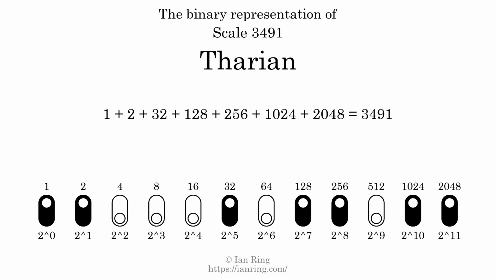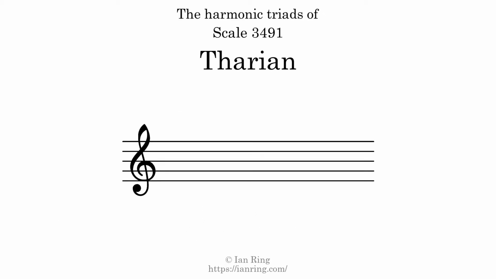That is why the scale number, in decimal, is 3491. The scale number not only enumerates the scale with a unique index, but it also literally describes the tonal content of the scale. Represented as a binary number in base 2, the scale number is 1101101000011.